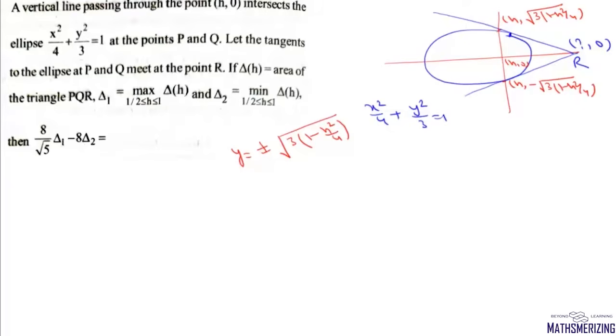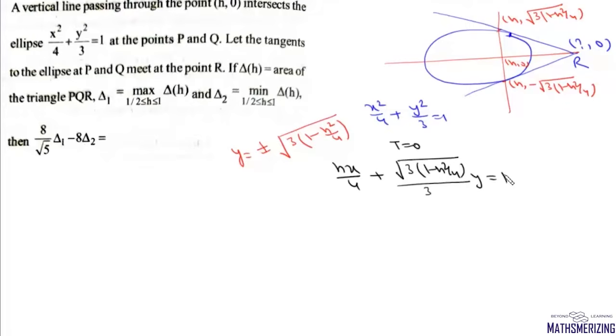So we know that the equation of the tangent in this case is given by T = 0. So it will be hx/4 + y√(3(1 − h²/4))/(3) = 1.